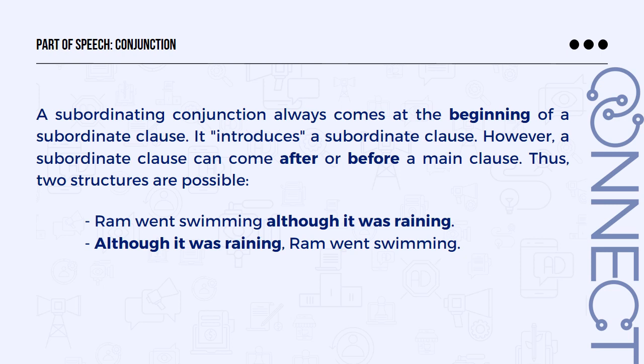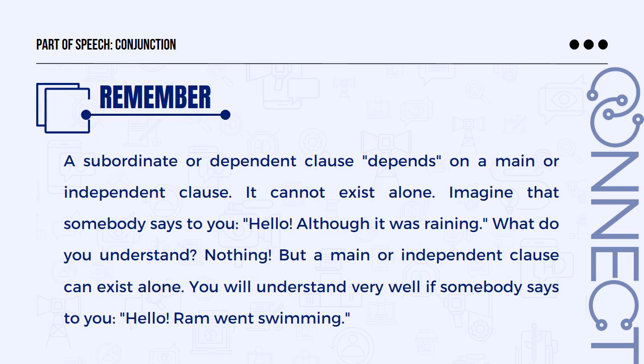First one, Ram went swimming although it was raining. Yung isa naman, although it was raining, Ram went swimming. So, this subordinating conjunction can be used interchangeably as long as mayroong sanhi, mayroon ding bunga sa iisa lamang na sentence, sa isang pangungusap.